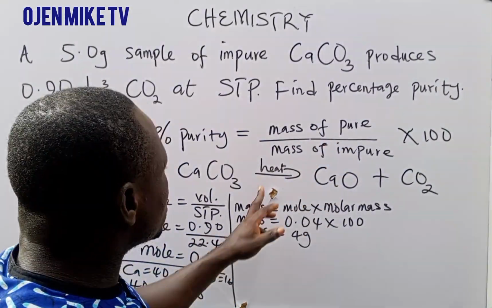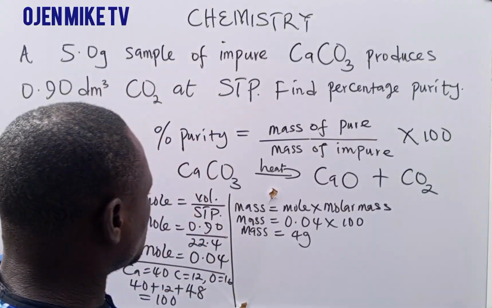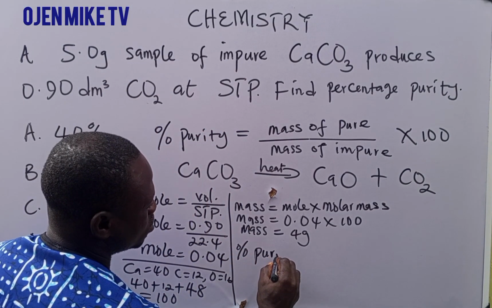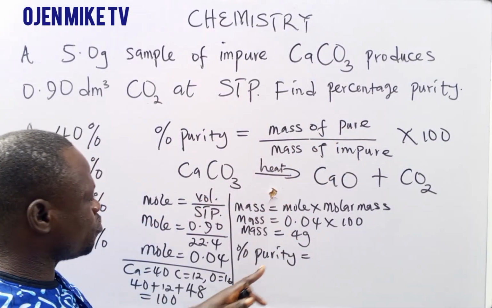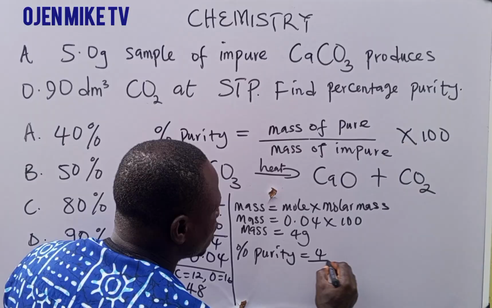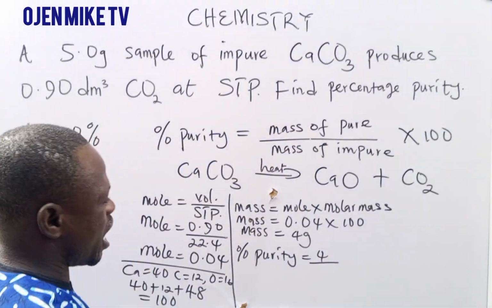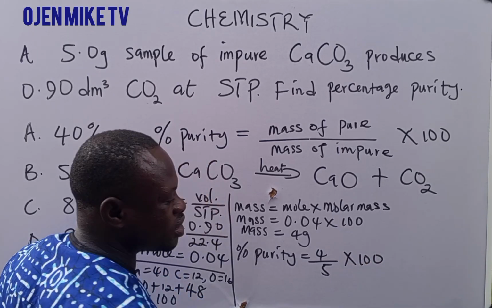We are now going to find the percentage of purity. Percentage of purity will be equal to the mass of pure, which is 4 grams, divided by the mass of impure, which is 5 grams, multiplied by 100.